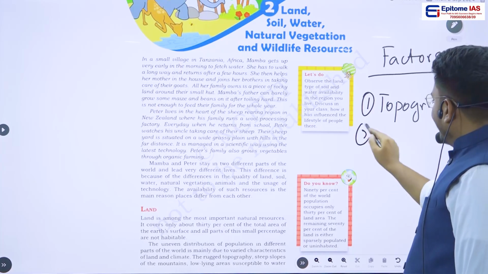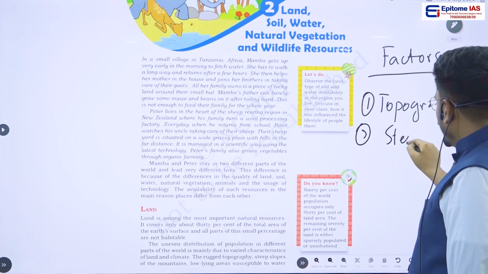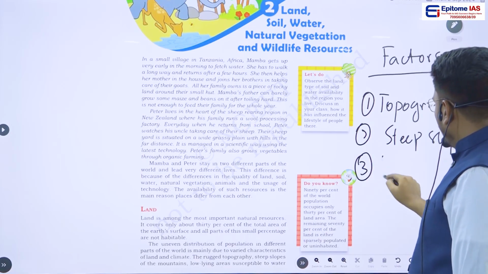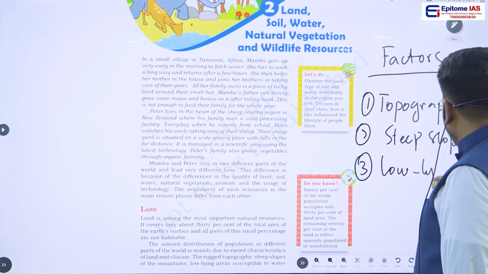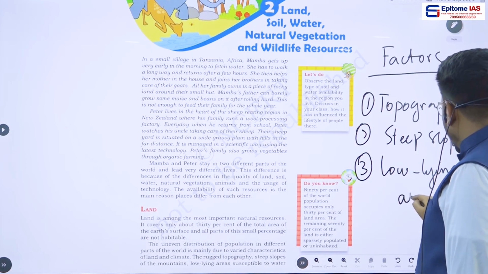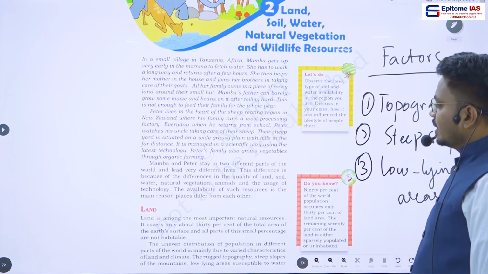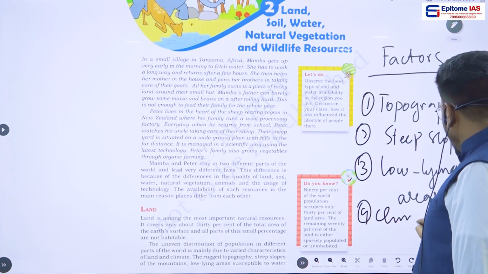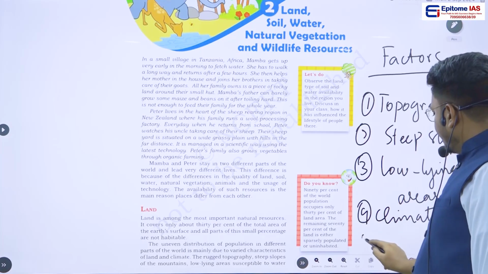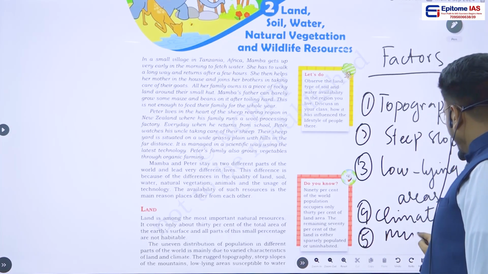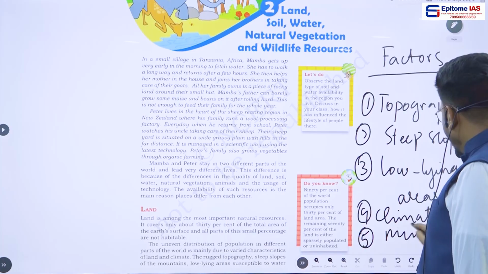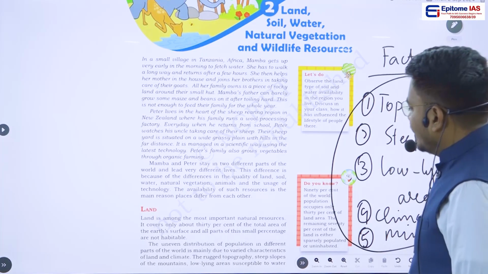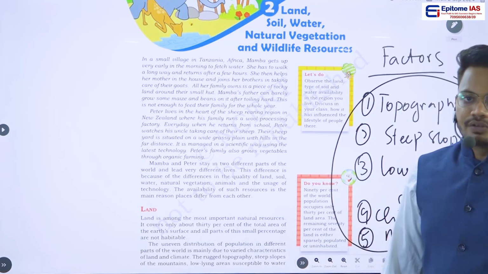Second one, steep slopes. Third one, low-lying areas where susceptibility to water is very high. And fourth one is the climate of that particular area and the minerals found in that area. All these things are the reasons or factors for the uneven distribution of population in different parts of the world.